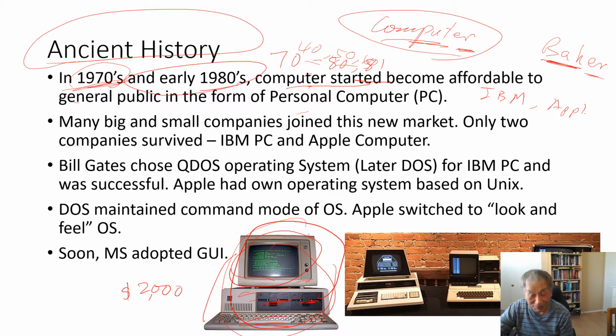The speed was very slow, and the main memory was just very little, just kilobytes rather than the megabytes or gigabytes like today. Then soon Steve Jobs and Wozniak, in their garage, created this Apple computer. So this became more for the school or children's usage.